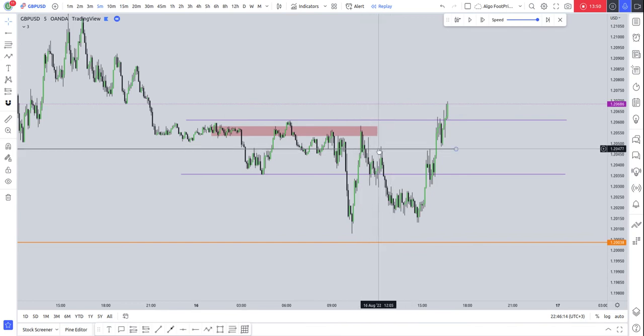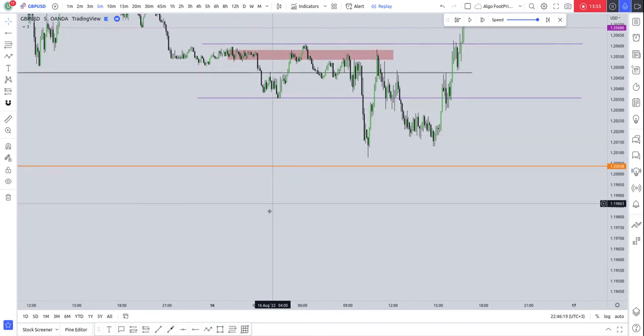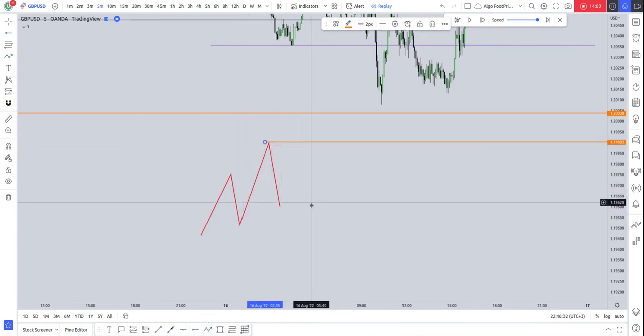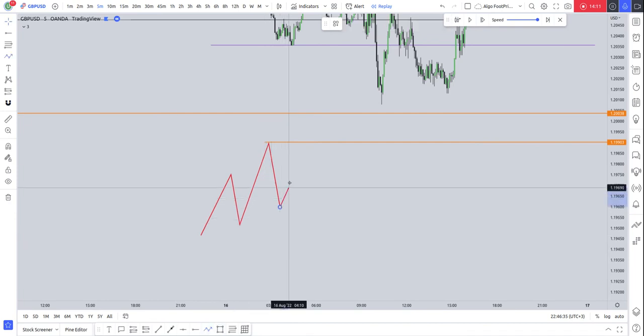Price was below it, because remember, any liquidity taken, if price does something like this, and you expect this to be liquidity, and price goes and takes this buy side liquidity out, this horizontal line will act as a support or as a resistance.